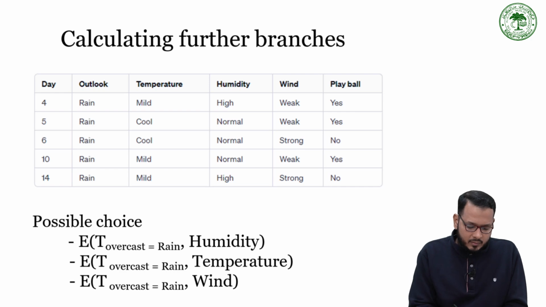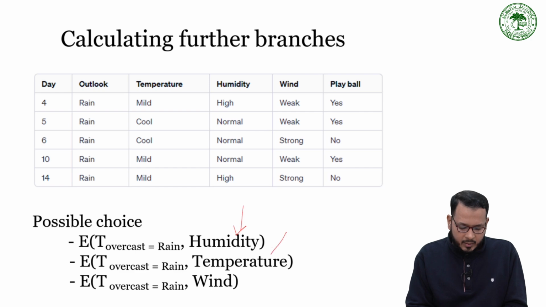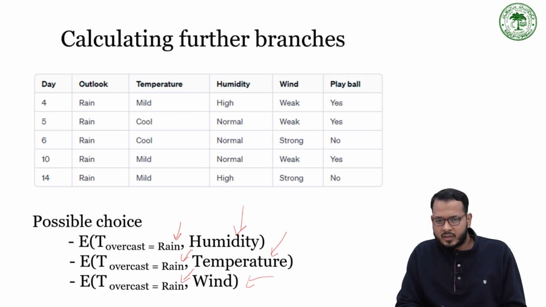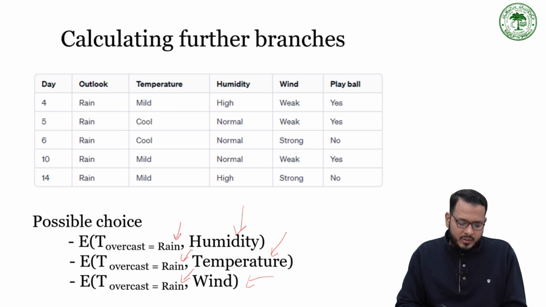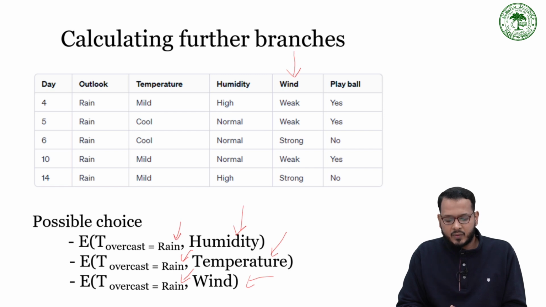The same process we need to do for the rain partial table also, which means we have to calculate the entropy of humidity, temperature and wind once again when the value is rain. I will not discuss the further calculations, but you can see that the next attribute in this specific case is going to be wind.